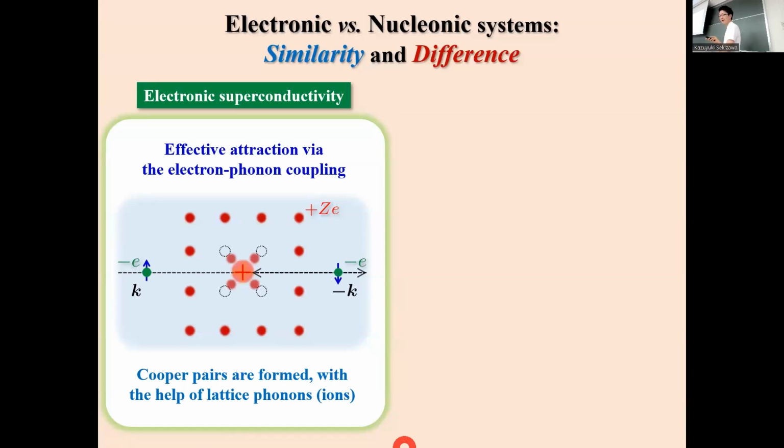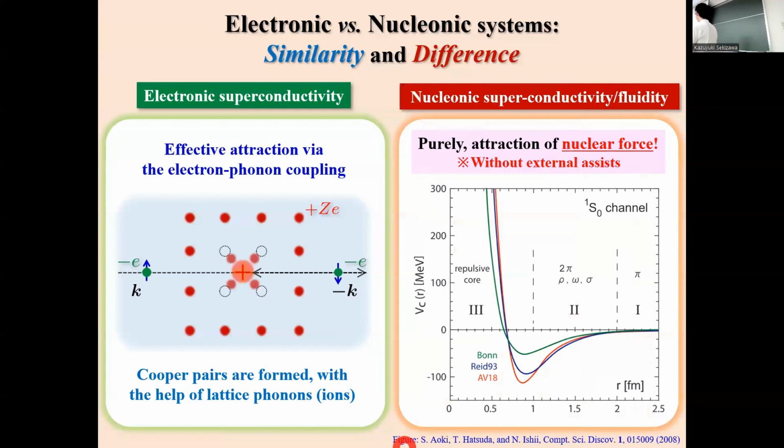But in the case of nuclear systems, the situation is different. In nucleonic superfluidity and superconductivity, we do not have ions. So the attraction originates purely from the nuclear force. As I mentioned in the previous lectures, this is the case of the central nucleon-nucleon interaction, which has some repulsive core at very short distance, and there is an attraction in a certain region, which is short-ranged, up to 2 fermi.